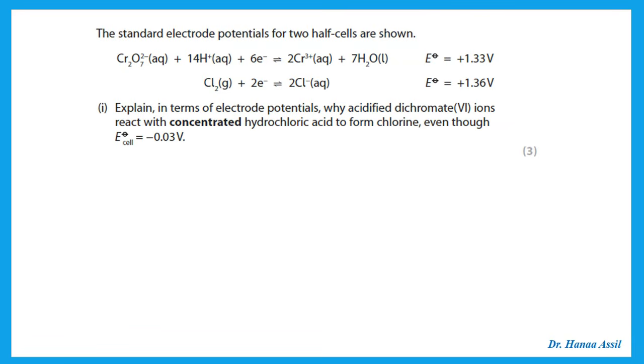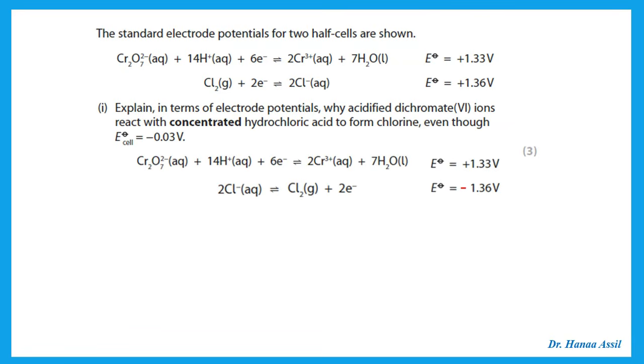Okay, this was a question in which we have the dichromate going to chromium 3 plus, the chlorine going to chloride ions, and we were supposed to form chlorine, so we said we invert that second equation. Now, what is the question? Explain in terms of electrode potentials why acidified dichromate ions react with concentrated HCl to form chlorine, even though the total E cell for that is minus 0.03.